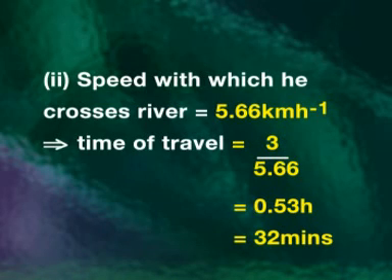II. The speed with which he crosses the river would be equal to 5.66 kilometers per hour, and the time of travel would be 32 minutes.